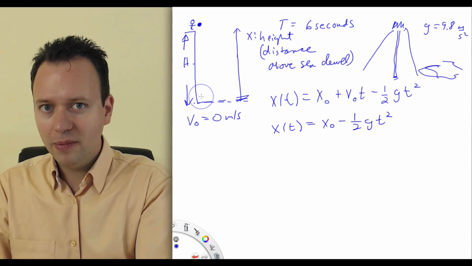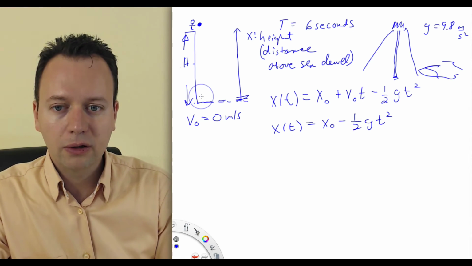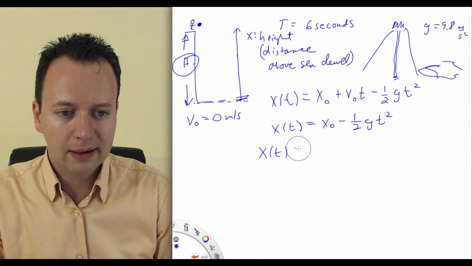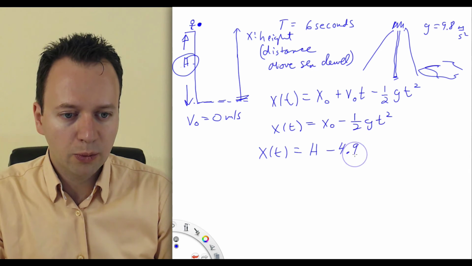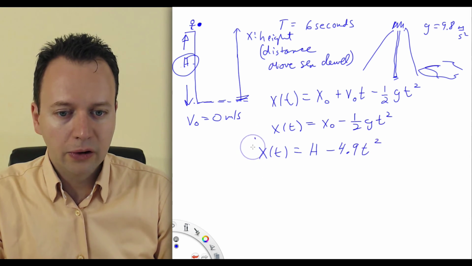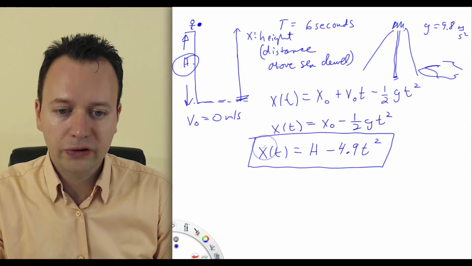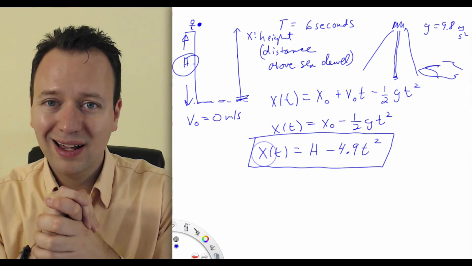It's just a constant that we don't know, so we use a symbol. So let's introduce this parameter h. So x of t is now h minus 9.8 over 2, which is 4.9, t squared. This will tell us the height of the particle as a function of the number of seconds since I dropped it.